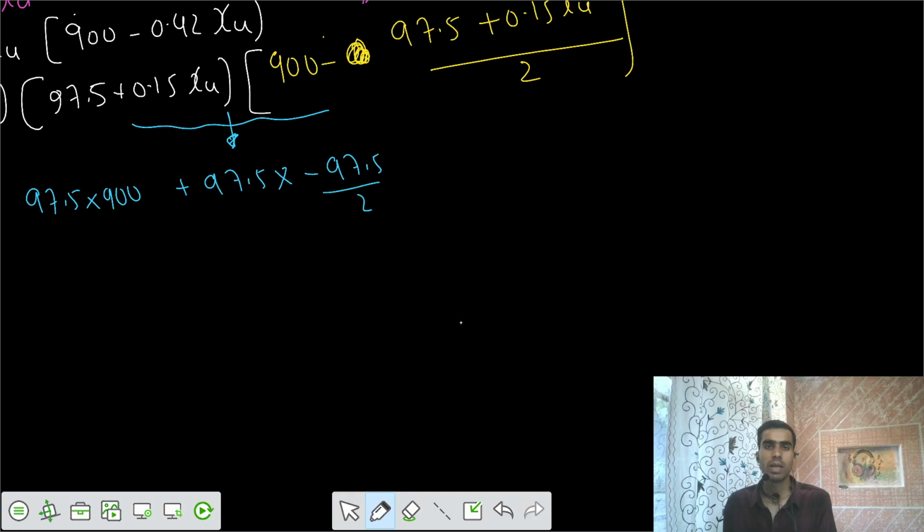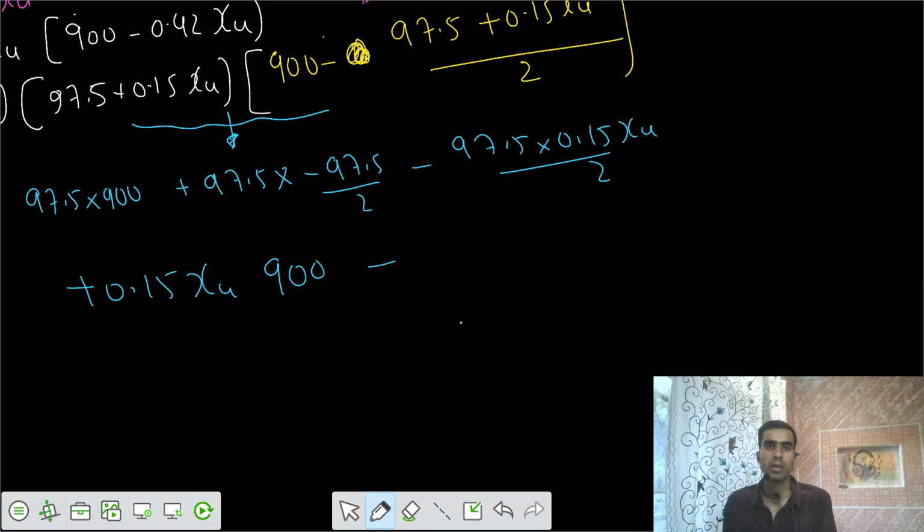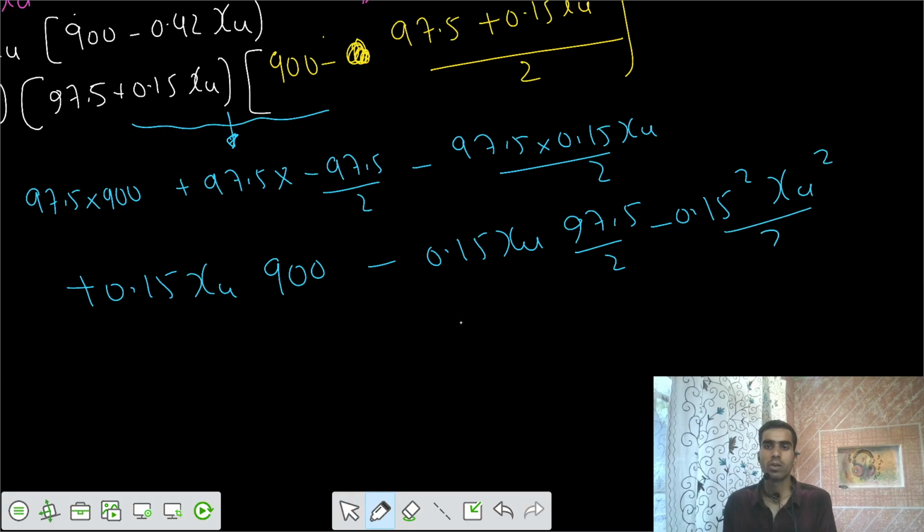Then negative 97.5 into 0.15 XU divided by 2. Then 0.15 XU into 900. Then negative 0.15 XU into 97.5 divided by 2. Then negative 0.15 square XU square divided by 2. So we got 6 parts here.